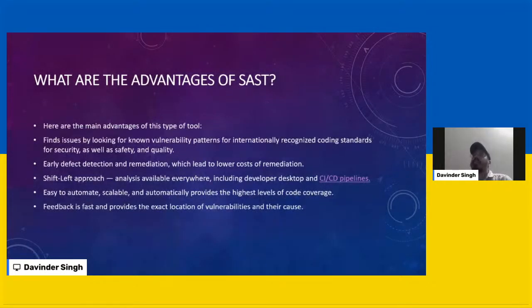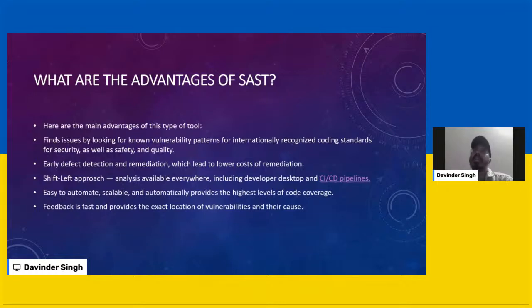Now we have discussed the differences between SAST and DAST. Now let's try to understand the advantages. What are the advantages of SAST which could inspire you to go and explore this field? The main advantage is looking for vulnerability patterns against internationally recognized coding standards.